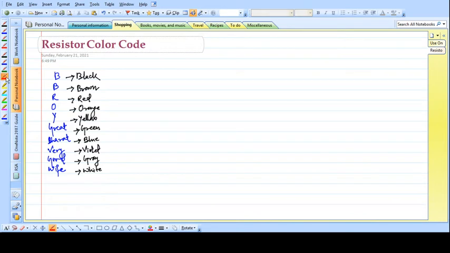So in addition to that, two more things, that is I am writing gold and silver for the tolerance. The tolerance, I will discuss what you mean by the tolerance. Gold is plus or minus 5%, silver plus or minus 10%.